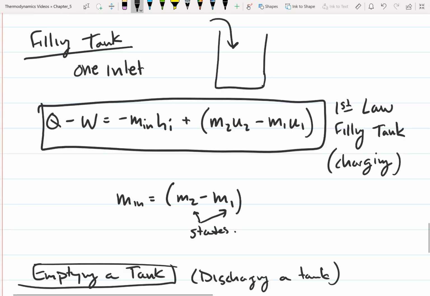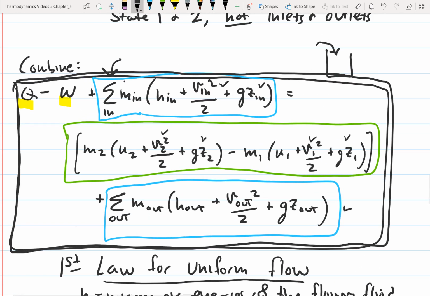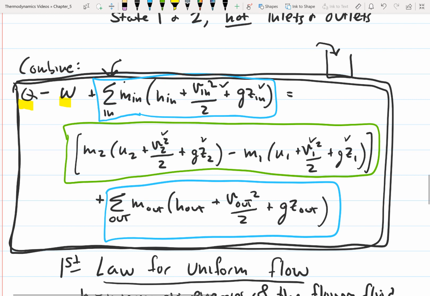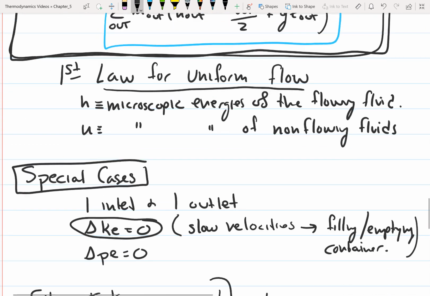If we go back up here and look at our equation, for emptying the tank, we don't have any flow in, so this term becomes 0. And we have our mass out term, but we're getting rid of all of the kinetic and potential energy terms, and then we still have this part of the equation, but we're getting rid of the kinetic and potential energy terms in that as well.